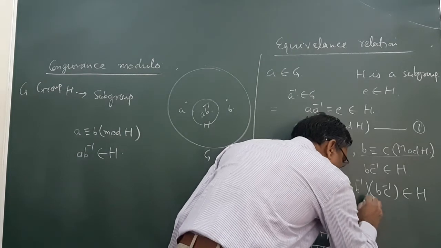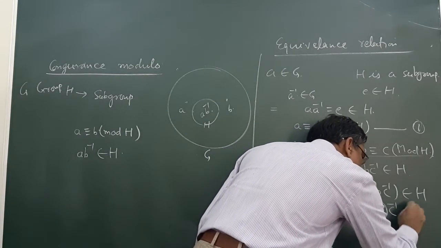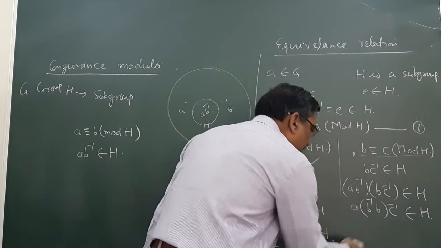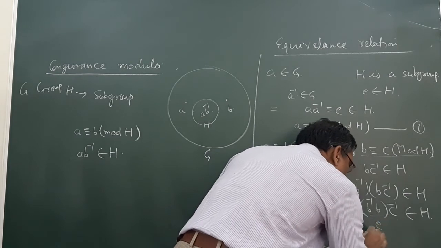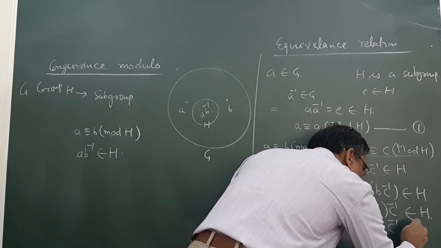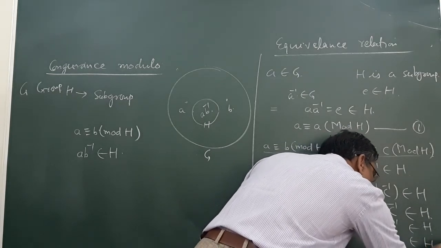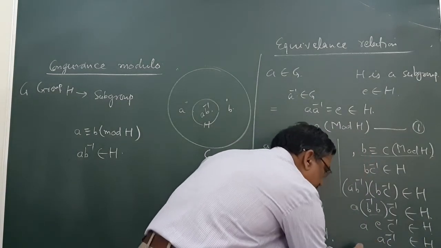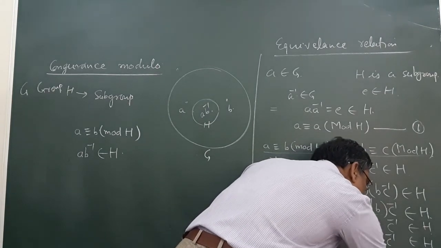Therefore, with the help of associative property, BB inverse is nothing but identity, so AC inverse belongs to H. It means A is congruent to C under mod H.